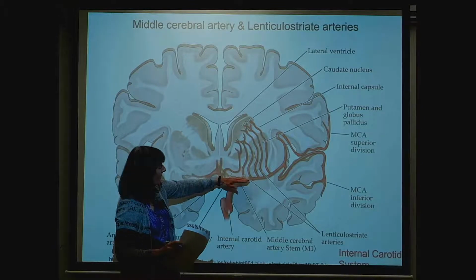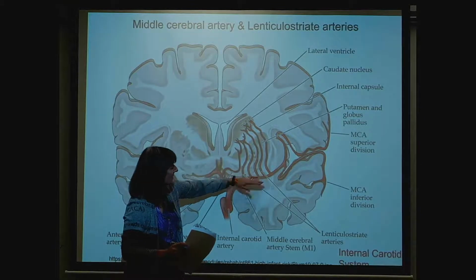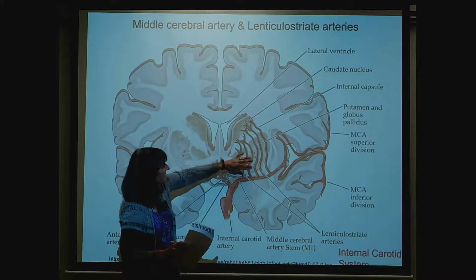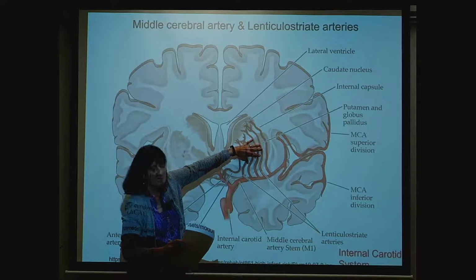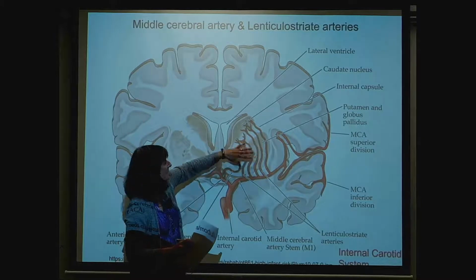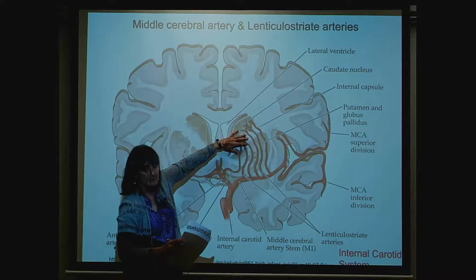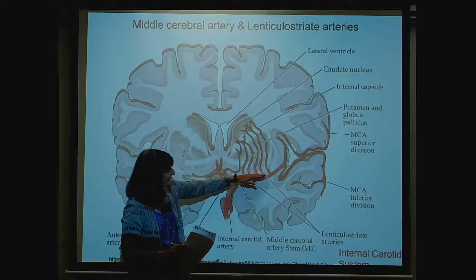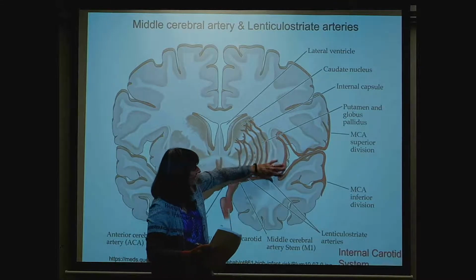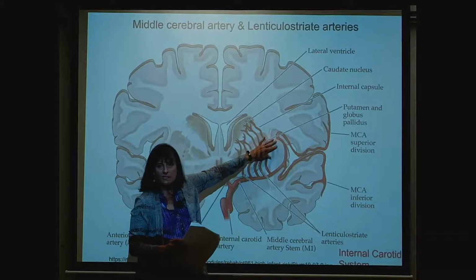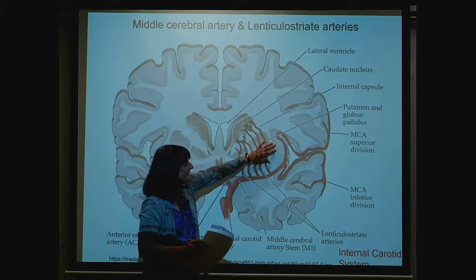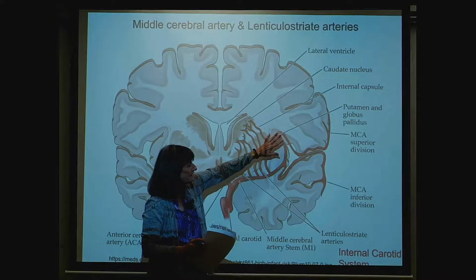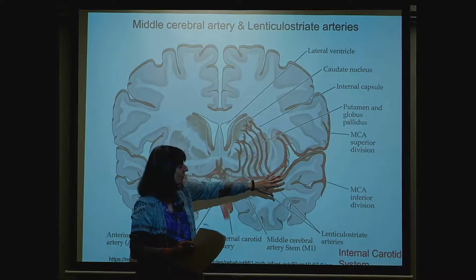So remember, we can easily get clots in these because they're so narrow and there's such a right angle here. And that's going to affect the function of the basal nuclei as well as the internal capsule if that happens. This middle cerebral artery keeps going, and it's going to supply the insula. The insula is that area of cortex that's deep to other areas of the cerebral cortex, so the parietal cortex as well as the temporal cortex.